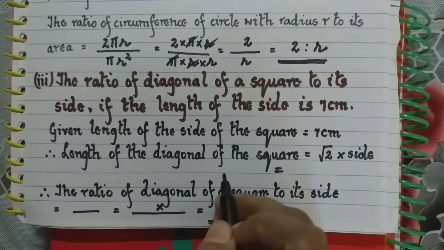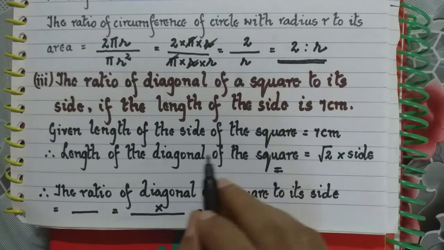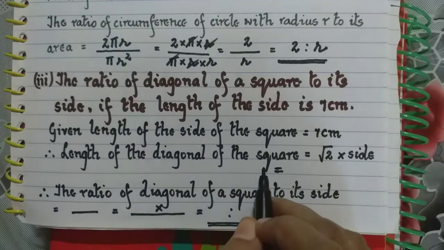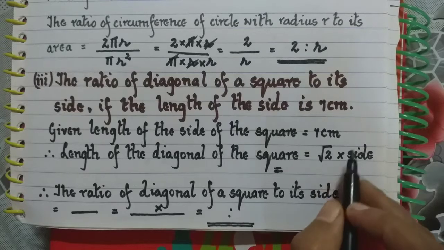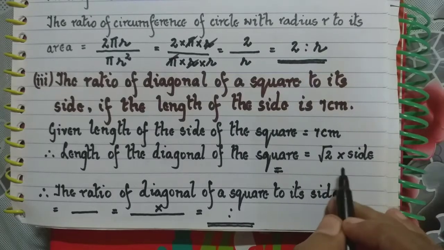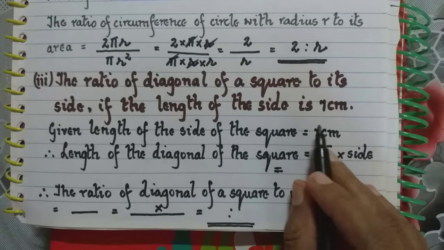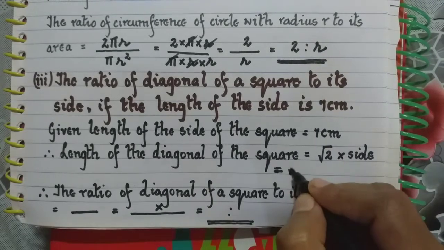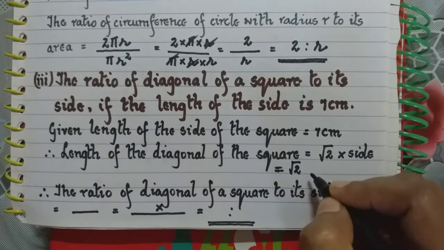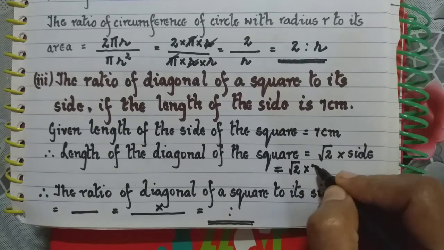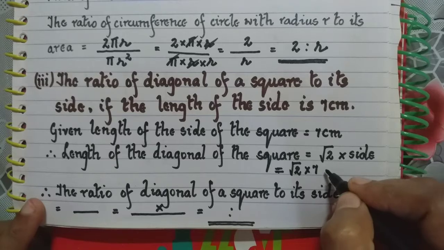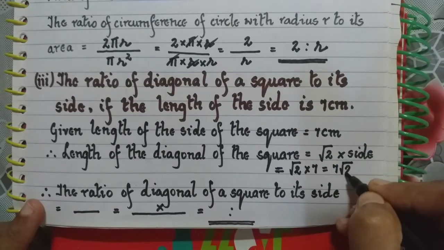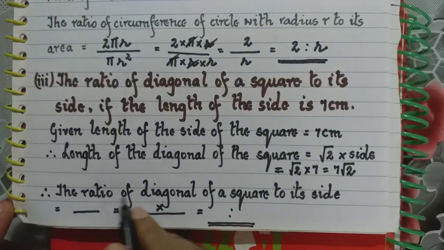Now, you will remember that if the side of a square is given, the length of the diagonal of the square is calculated by root 2 into the side. What was the side? 7 centimeter. Therefore, the length of the diagonal of the square is root 2 into 7, which is equal to 7 root 2.